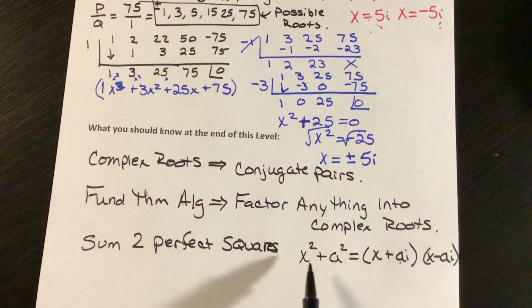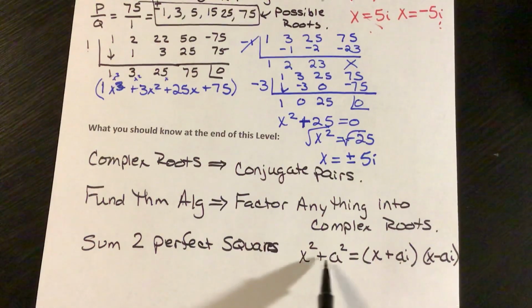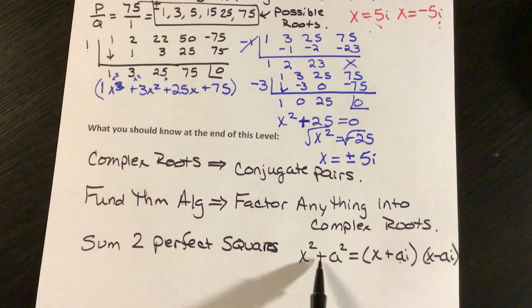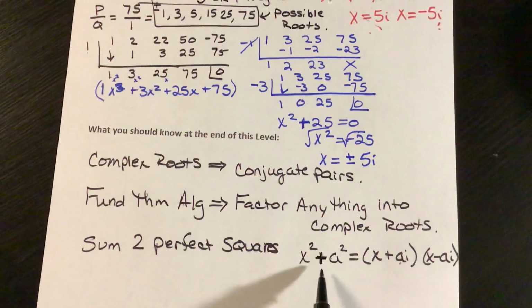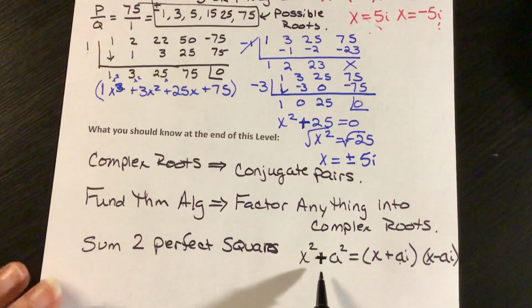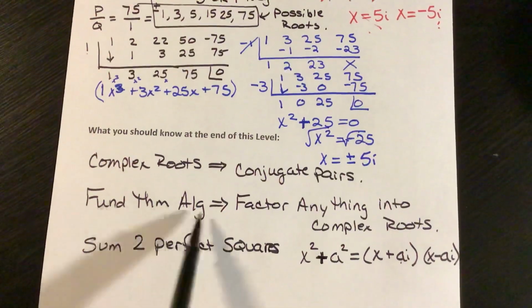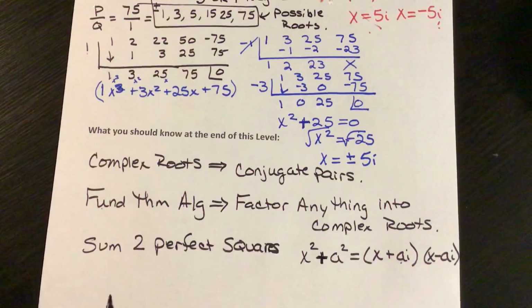Okay, but if I were looking at the sum of two perfect squares, remember we can't break apart the sum. So if I'm looking for real numbers, I can't do that. But because of the fundamental theorem of algebra, I can factor anything. I just don't have to have just real numbers though.